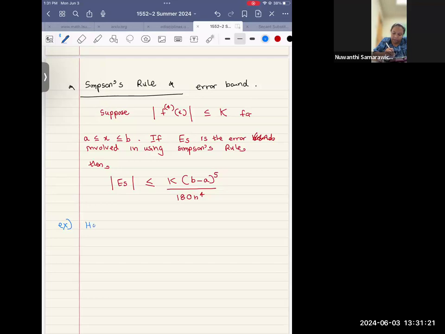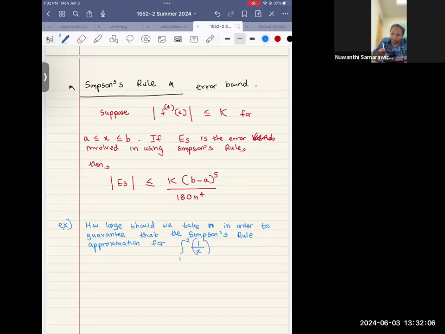Example: how large should we take n in order to guarantee that the Simpson's rule approximation of the integral of 1 over x dx is accurate to within 0.0001?